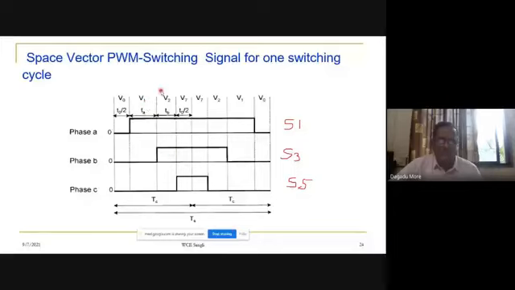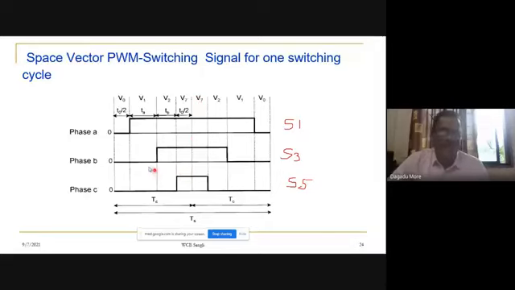Then we apply V2. V7 means all upper 3 devices are on. Again we can apply V7. Then we apply V2 for a period of TA, and TB, and V1 for a period of TA and T0. So we make a symmetry at the center of this.